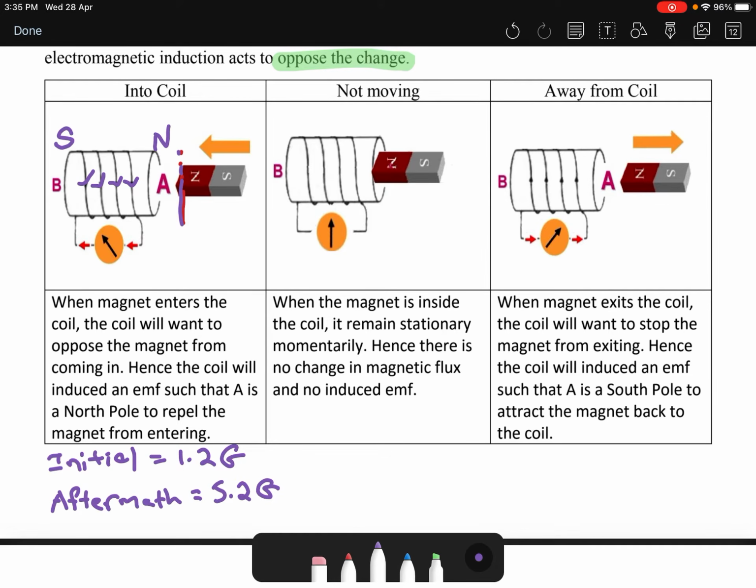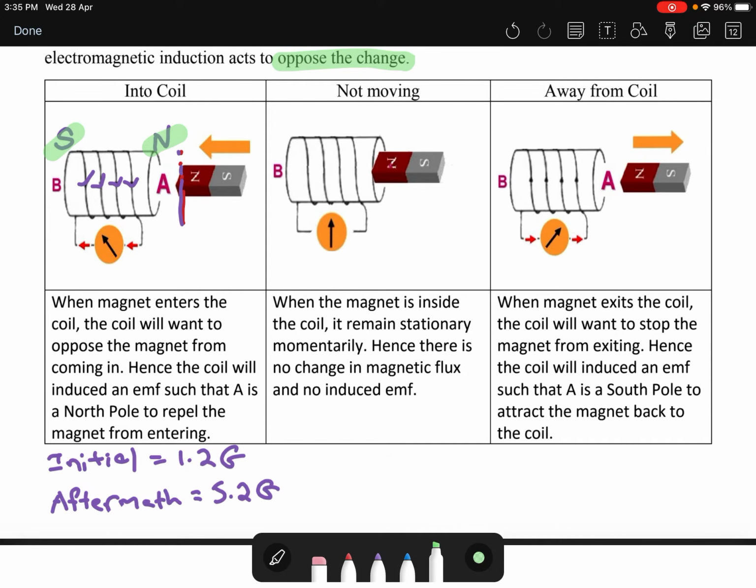Why does it induce a north pole at point A? It's because the coil of wire does not want the magnet to come in, so it wants to repel the magnet. That's why it will induce EMF in such a direction that point A will be north and point B will be south.